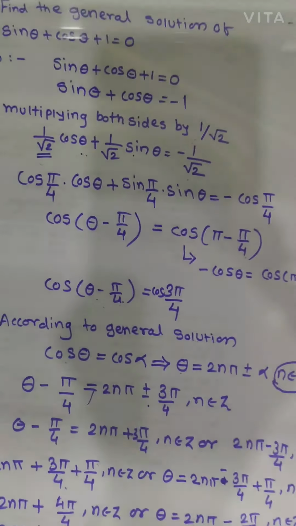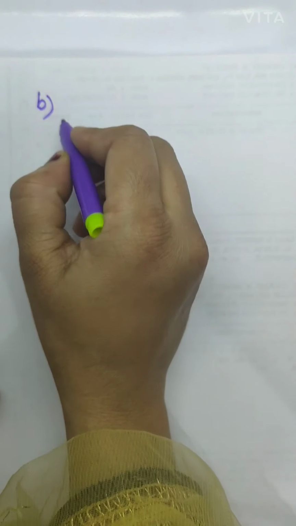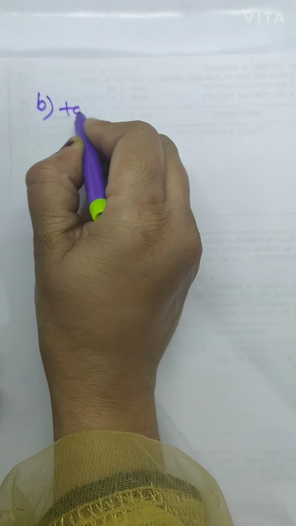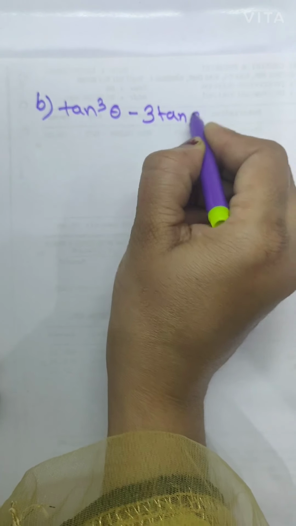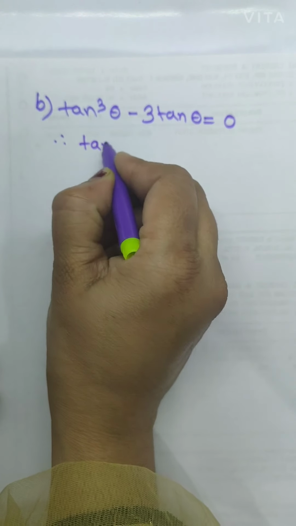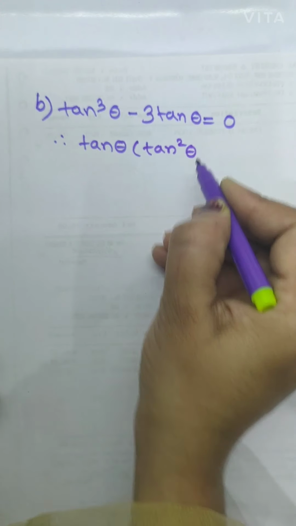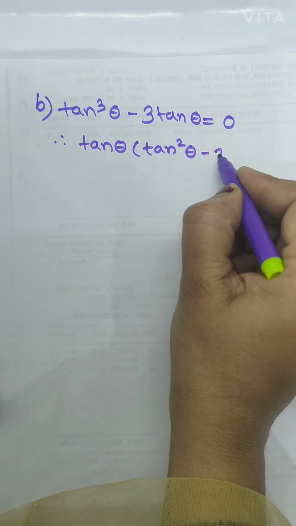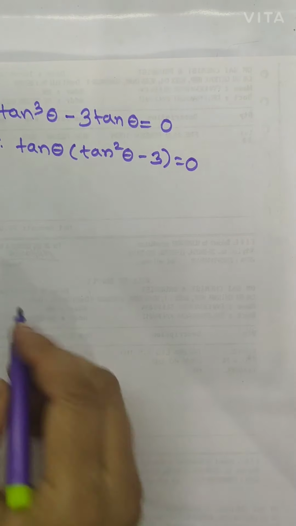Okay, now let's move ahead. Second one, tan cube theta minus 3 tan theta, which is equal to 0. Therefore, after taking tan theta common, you will get, okay.